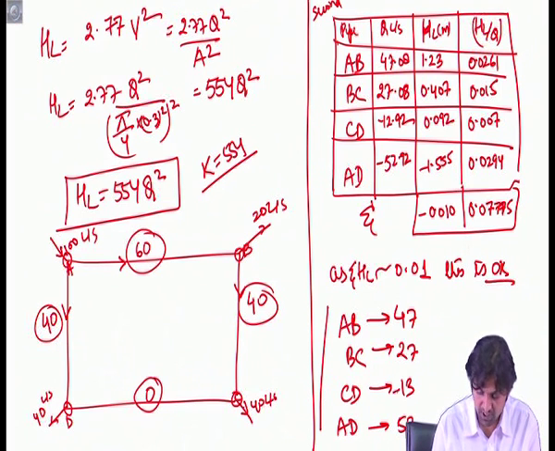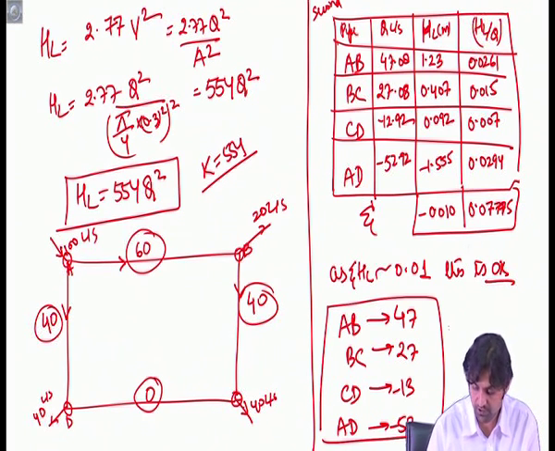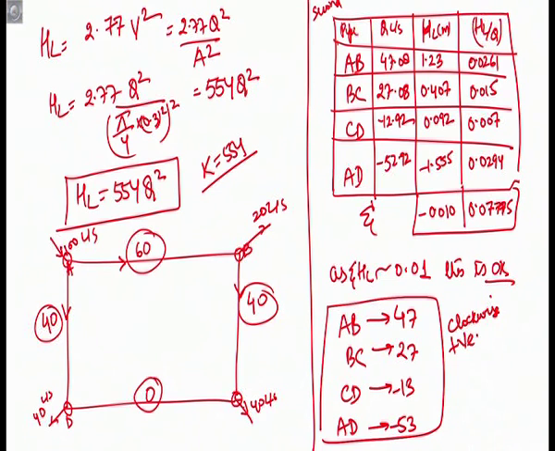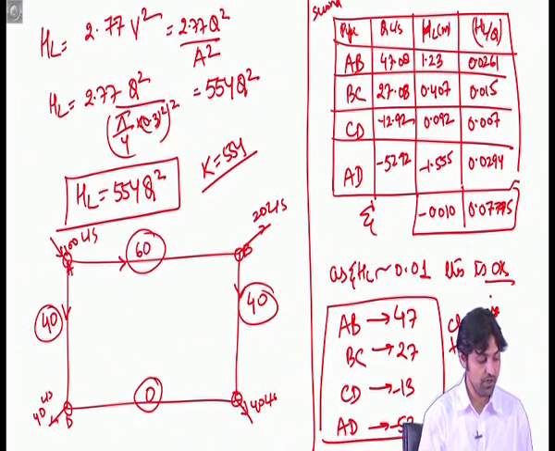Of course, this is with minus sign and this is also with minus sign, considering clockwise as positive. All right. So, this concludes our solution to this particular question on Hardy-Cross method. You see how we have calculated K, that was 554, and applied this. All right.